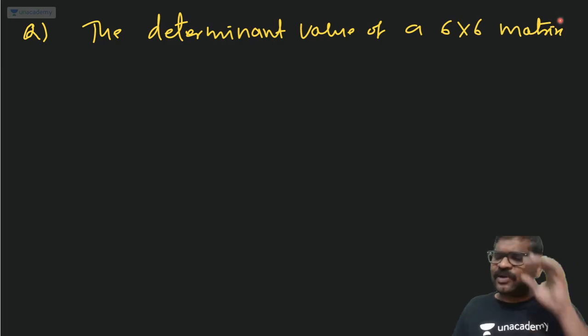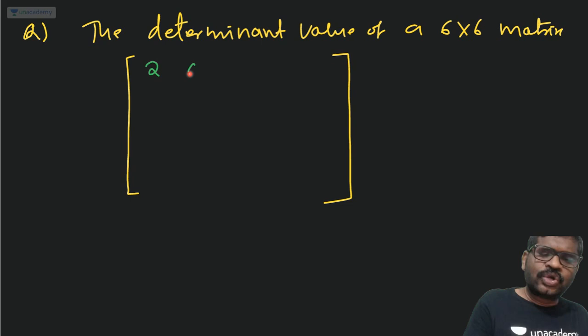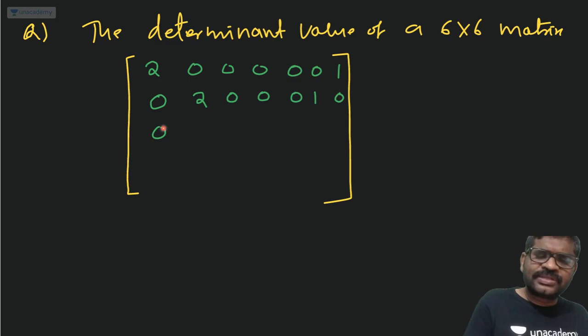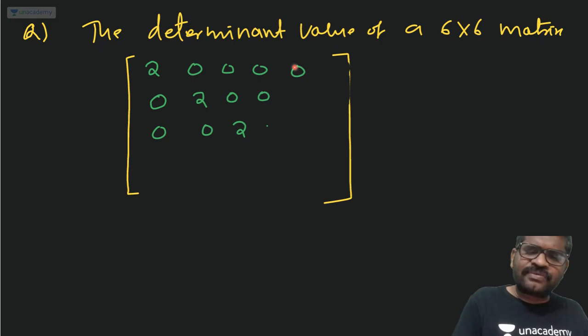Its rows are: 2 0 0 0 0 1, 0 2 0 0 1 0, 0 0 2 ... how many columns we got? 7. Sorry, 4 5 6.